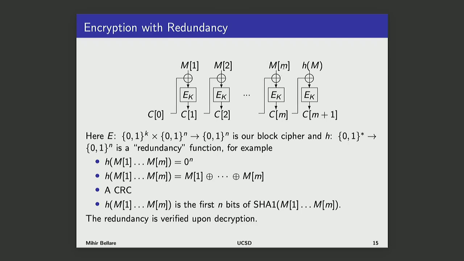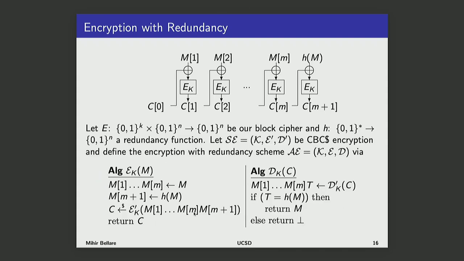There are m blocks here and m plus 2 over here. And finally, what's the point of this? Well, decryption will check that it's present. Otherwise, it will return bot. So this scheme was proposed and used and is a nice illustration of how to get authenticity. We'll look at this in a little more detail.